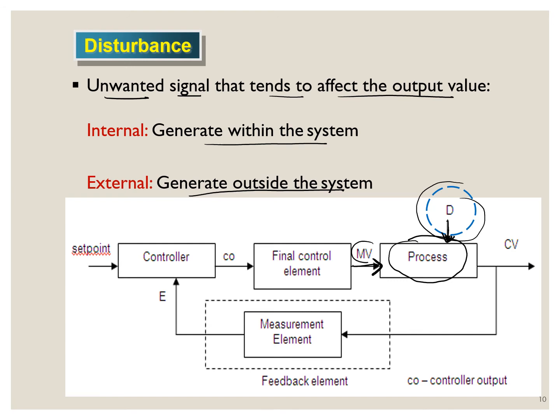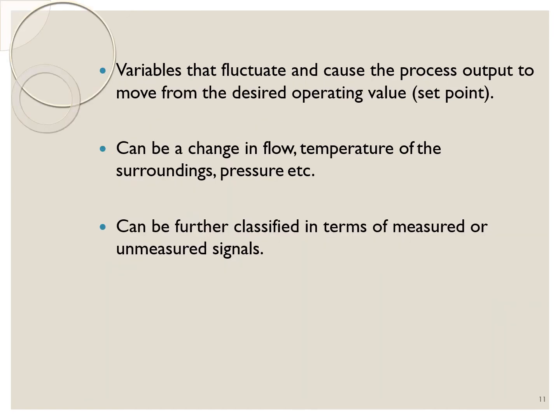If we choose the first input as the manipulated variable, the other input has a high chance of being a disturbance to our system.